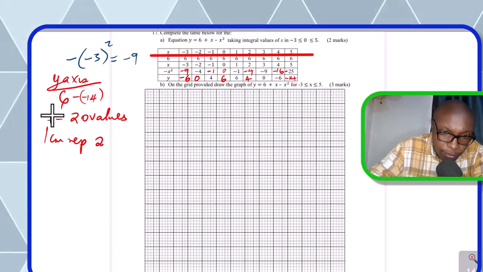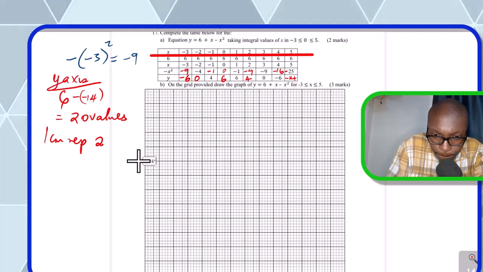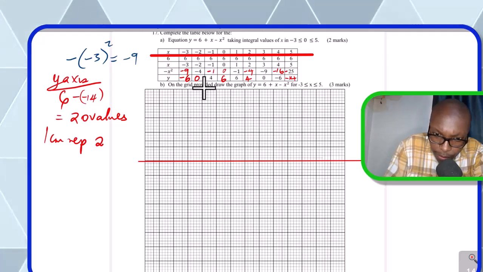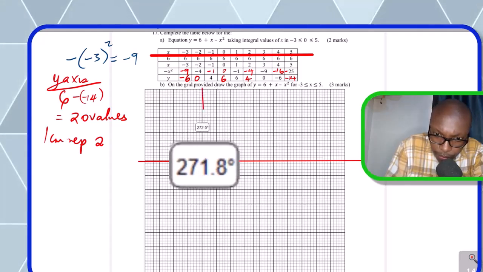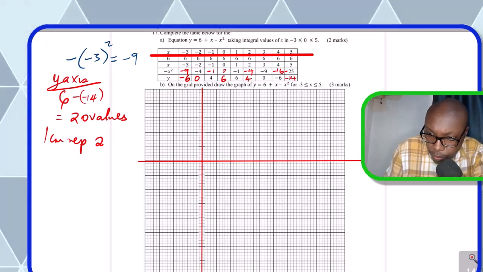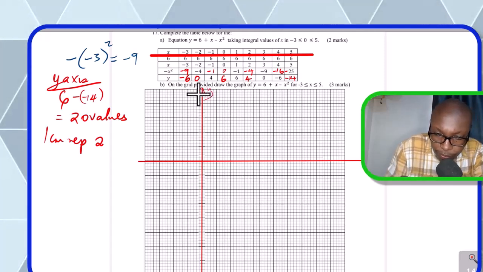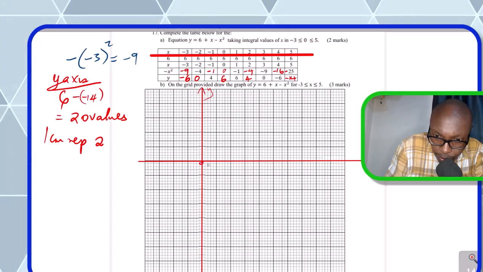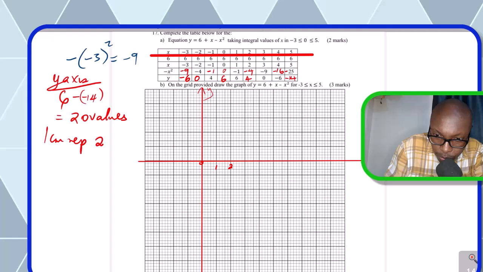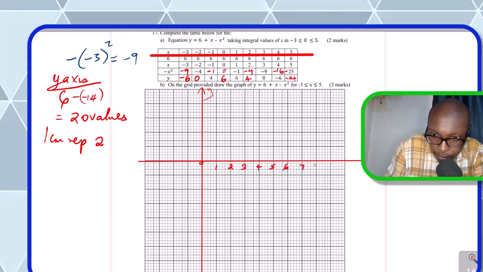So let me draw the axis. This will be the x-axis, this will be the y-axis. This one is 0, then 1, 2, 3, 4, 5, 6, 7.